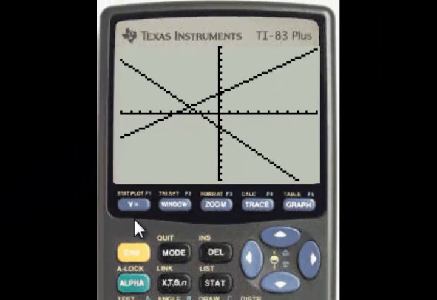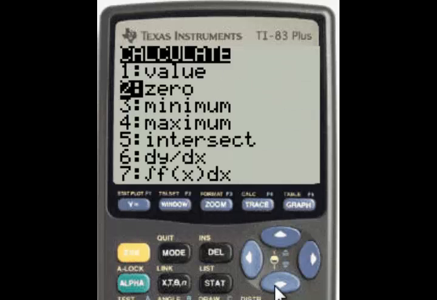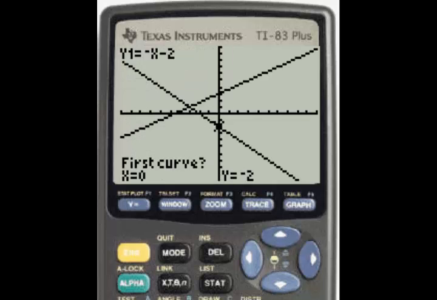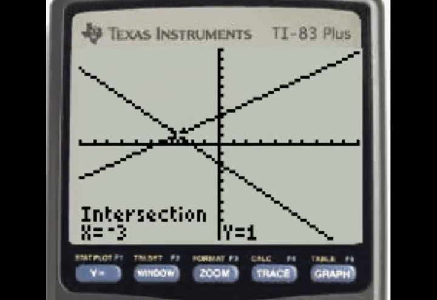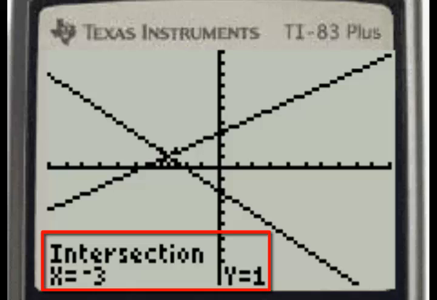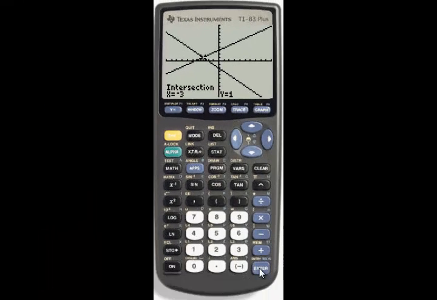Maybe negative 4, 1? Again, it's kind of hard to see. Screens are kind of small. So you may want to, again, go to second, trace, intersect, hit enter 3 times. And it'll come up as x equals negative 3, y equals 1. And like I said, this works pretty much all the time.